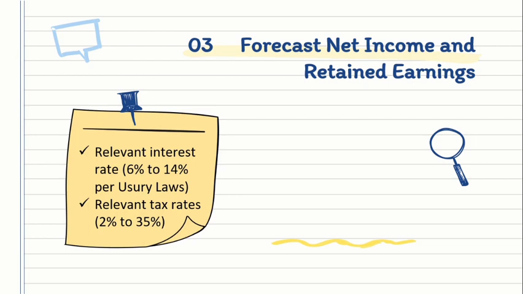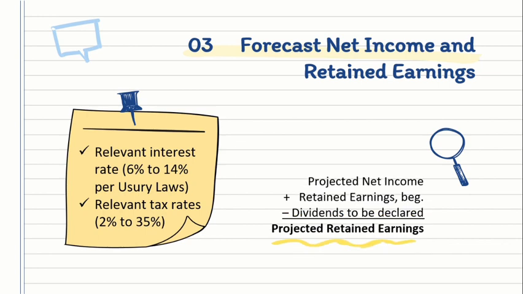So, if mulapas na kaana is, kung ano siya, dili pud illegal but excessive na pud na siya nga interest rate. Then, relevant tax rates between 2% to 35%, depende na siya if pila imong income, if corporation registered as corporation ba ka, and kanang dependent po siya if unsa ang imong kibaligya.